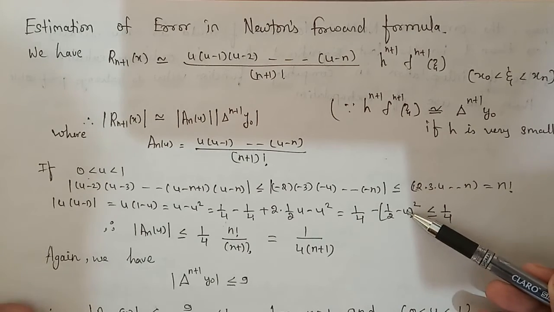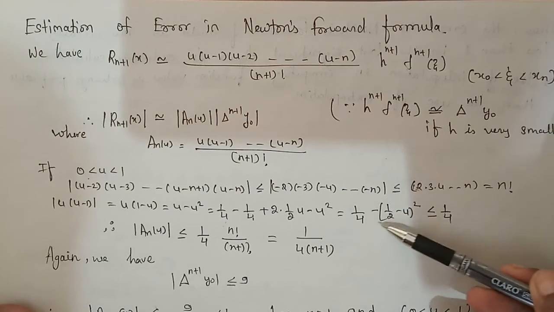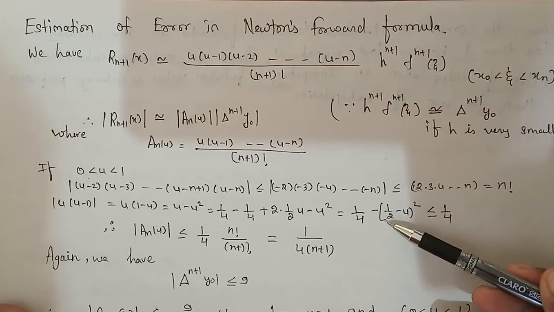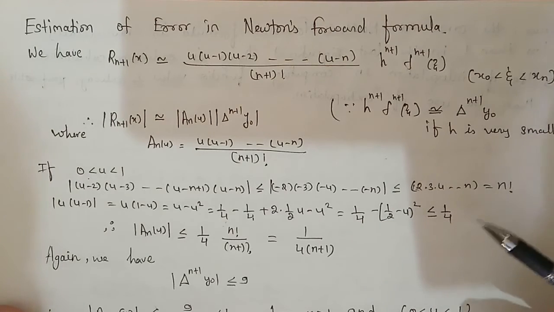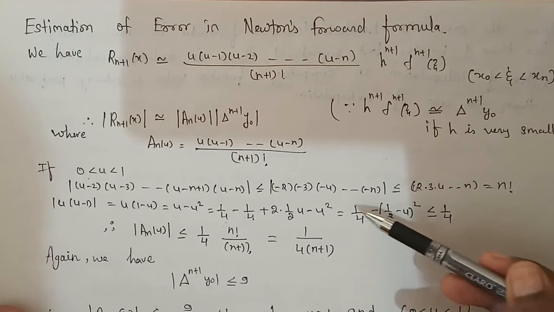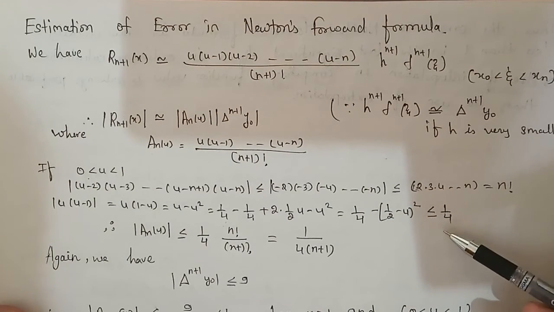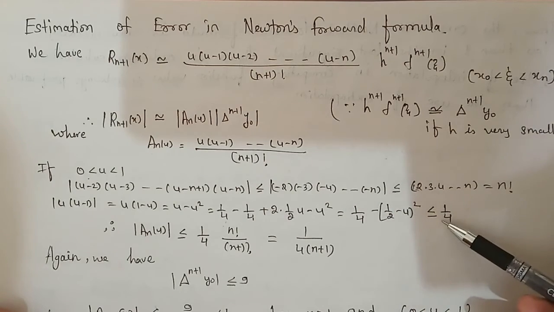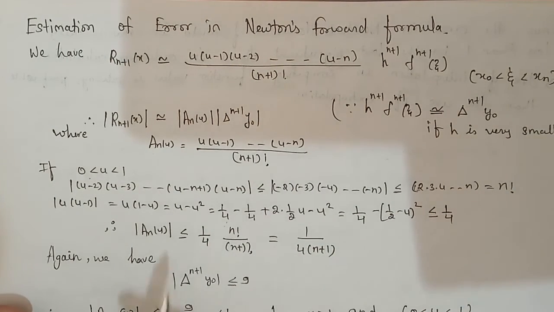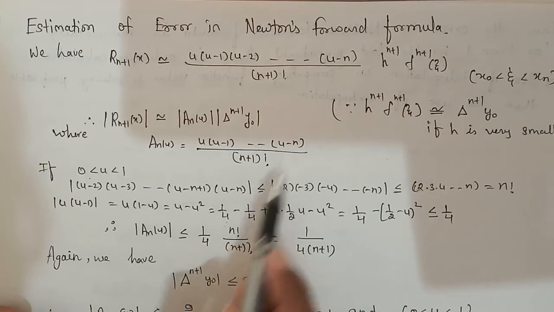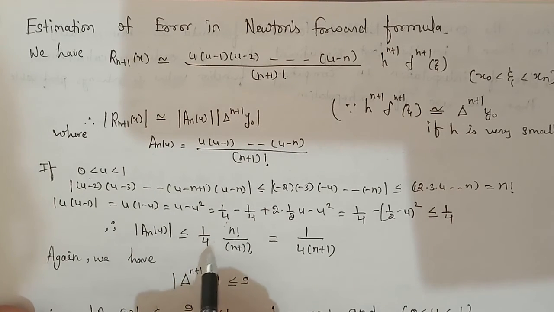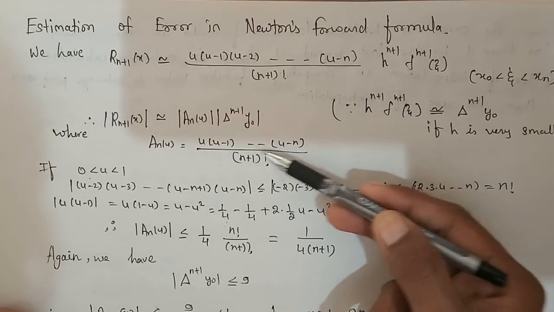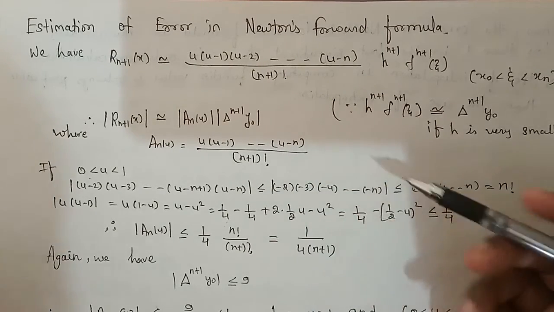If I take u as 0, then 1/4 minus 1/4 is less than or equal to 1/4; if u is 1, then also it is less than 1/4. It doesn't matter what the value is, it is always less than or equal to 1/4, since we are subtracting something from 1/4. So now u(u minus 1) is less than 1/4, this part is n factorial, and the denominator remains as it is, (n+1) factorial.